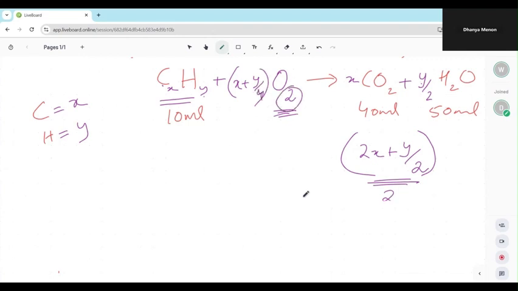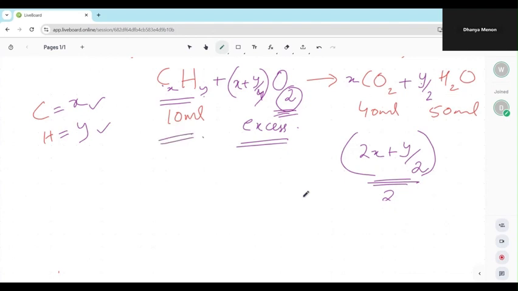Now, students, this oxygen is always in excess. Now you need to find out the number of atoms of carbon and hydrogen. Over here, we will not talk about oxygen because oxygen is something that is in excess. So what is our limiting reagent?